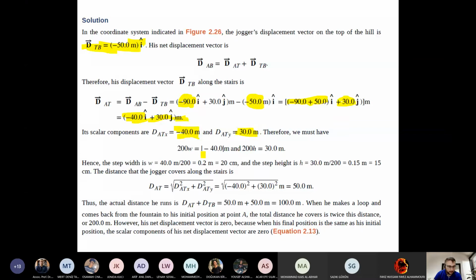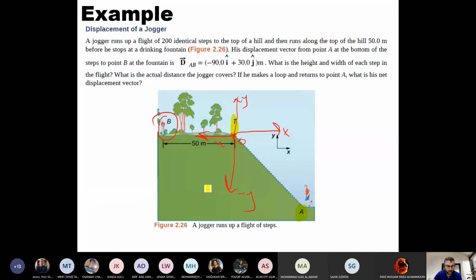And to find the magnitude, you must use this equation from the triangle which we study. So minus 40 square plus 30 square and take the square root, you can find the magnitude. So this is the magnitude from A to T, the distance, the length of this road.